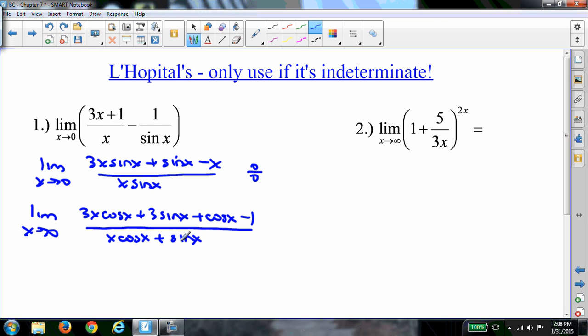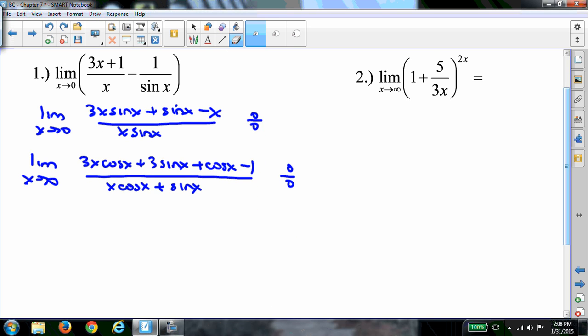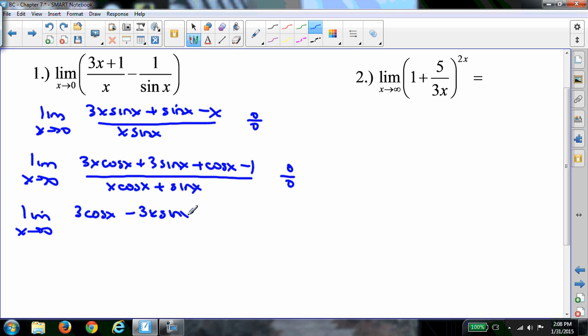And if we substitute in this time, we get still, I believe, 0 over 0. Which means we're going to do it again. So doing it again, limit as x approaches 0, we're going to get 3 cosine x minus 3x sine x plus 3 cosine x minus sine x, and the derivative of 1 is 0, all over x times negative sine x plus cosine x plus cosine x.